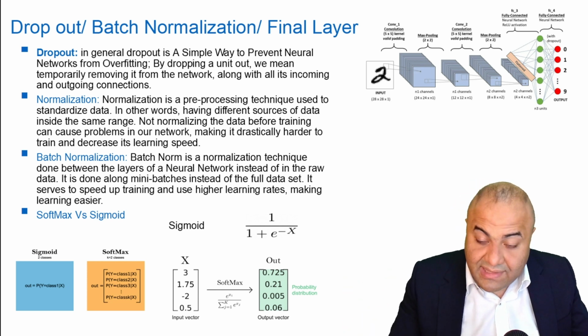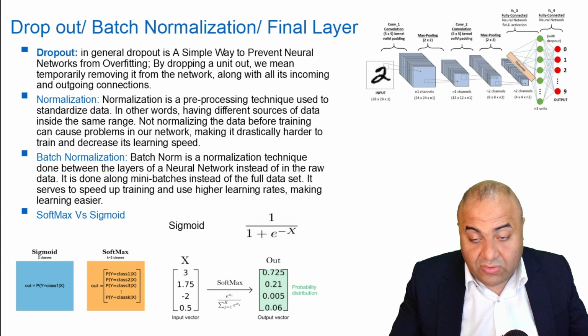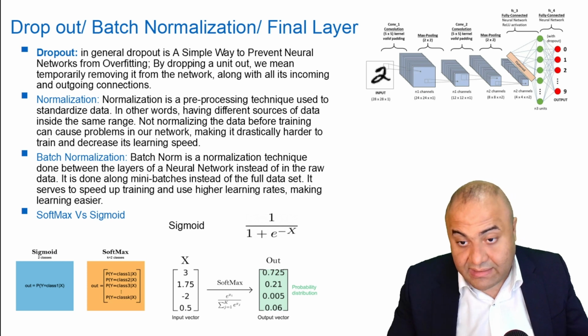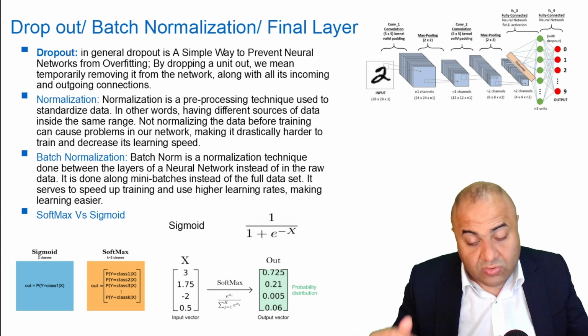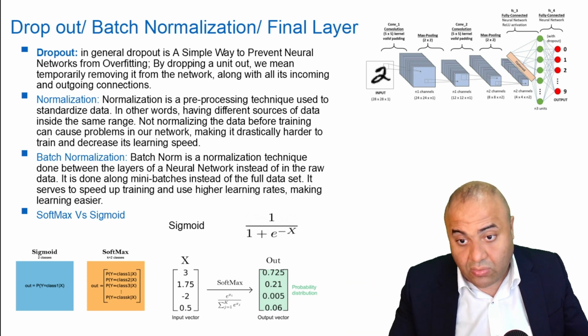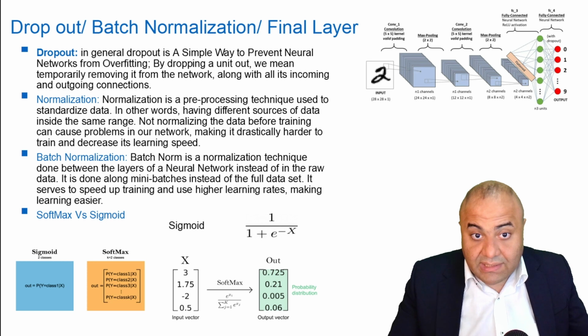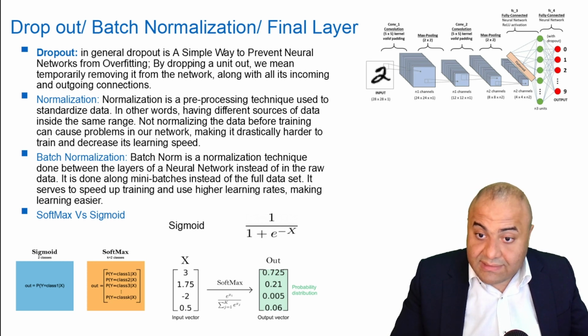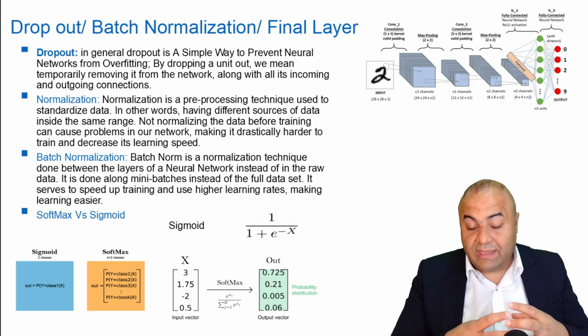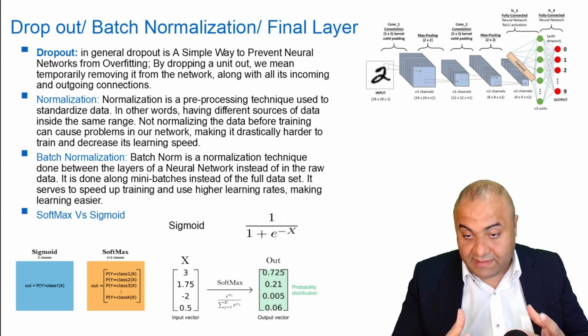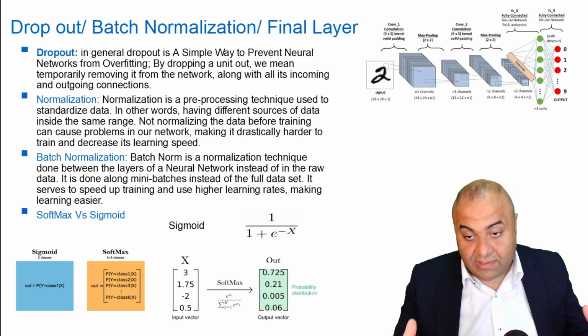Now there are some things we have to consider, because these exist in most, or maybe even all, neural networks, which is first the dropout. Dropout is where we try to reduce the overfitting of our solutions.